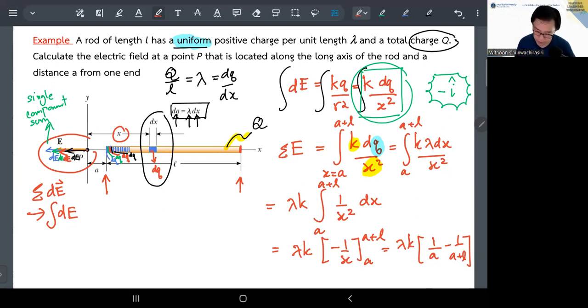I can rearrange this one to make it look a little nicer, but not much can be done further. It's just like L over a plus L. It's just the manipulation of the form, but that's not needed. And with this, I can turn this into a vector right away by putting the arrowhead on top and saying it's negative i. It's just going to point in my negative x direction.